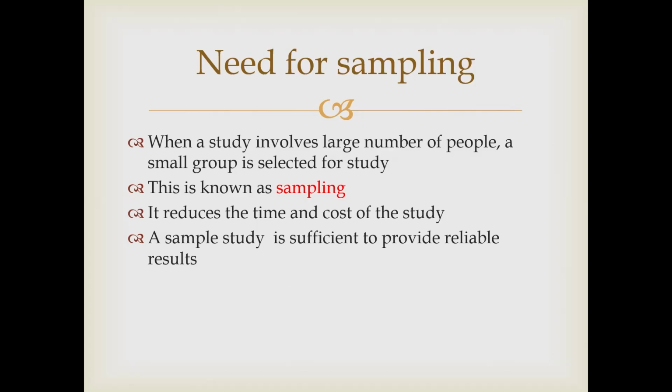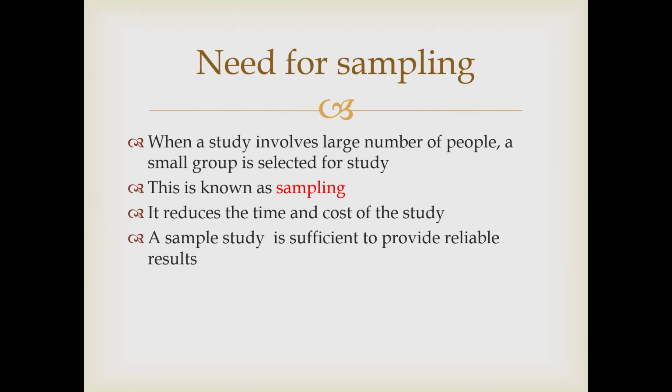Also, it is not possible. So first of all, it is not necessary. Secondly, it is not possible. So especially when the population is very large, we resort to the process called sampling. A sample study is sufficient to provide reliable results.